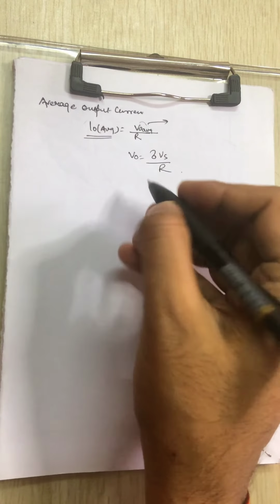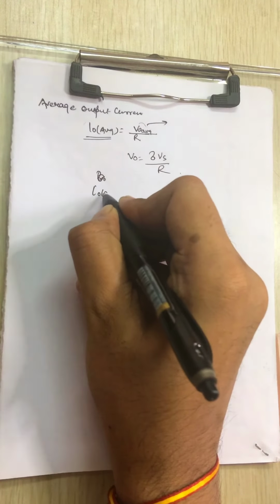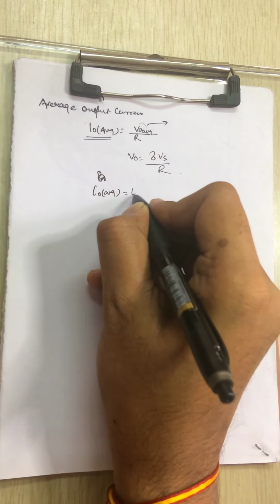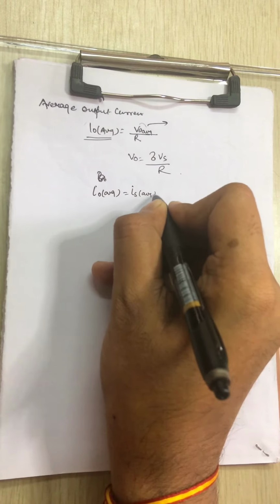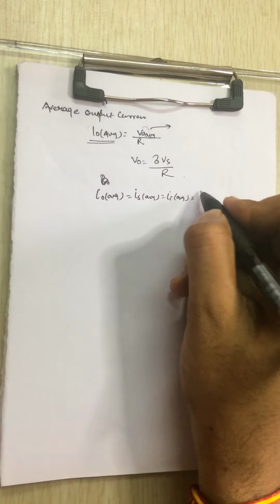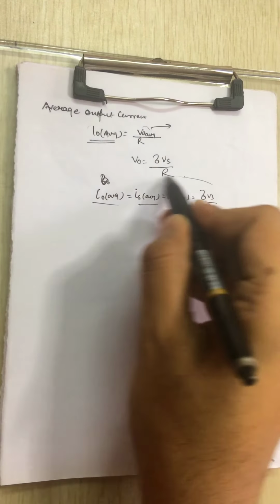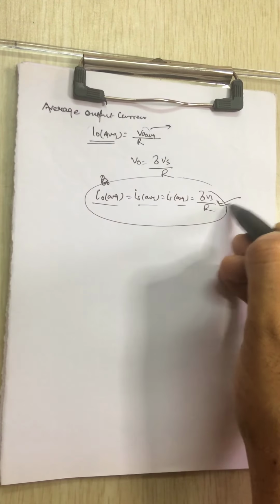So I output average, IS average, IT average all equal delta Vs by R. All the values remain the same because it is a series circuit.